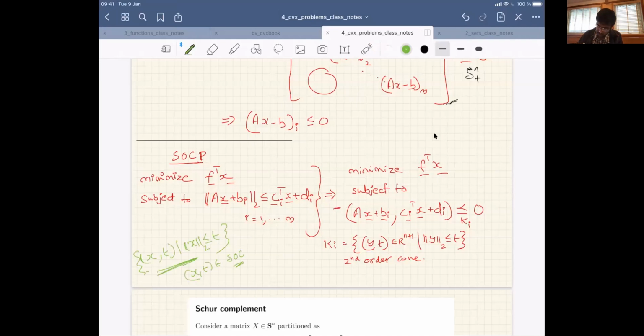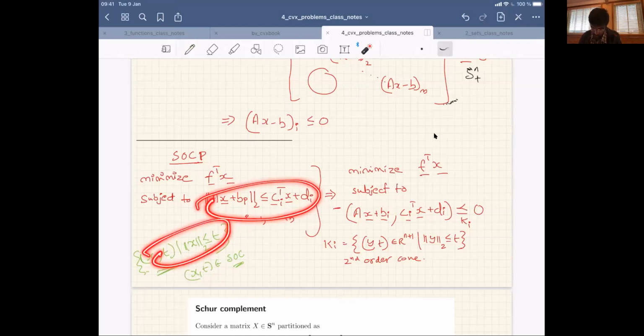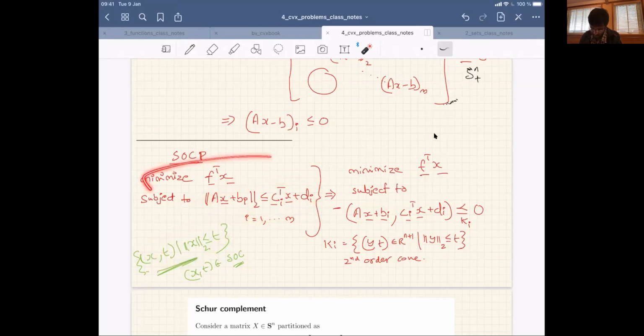So what we have here is something similar. We can rewrite this SOCP problem with x, this is our t now, (x, t) less than or equal to 0. I have to put a minus here.